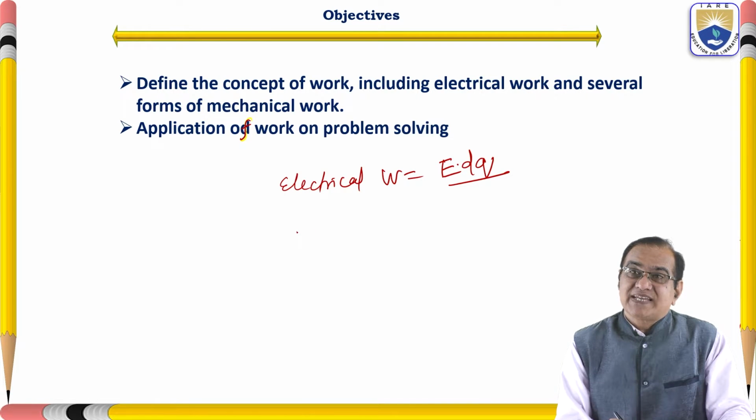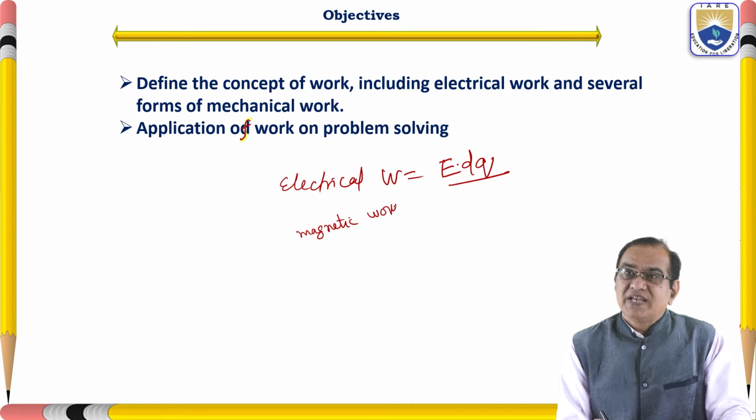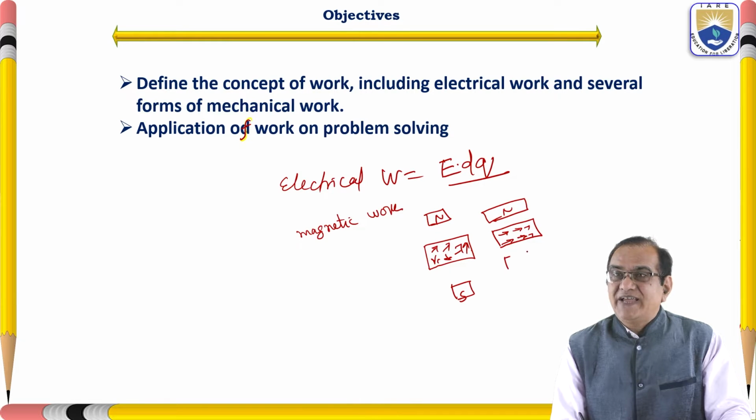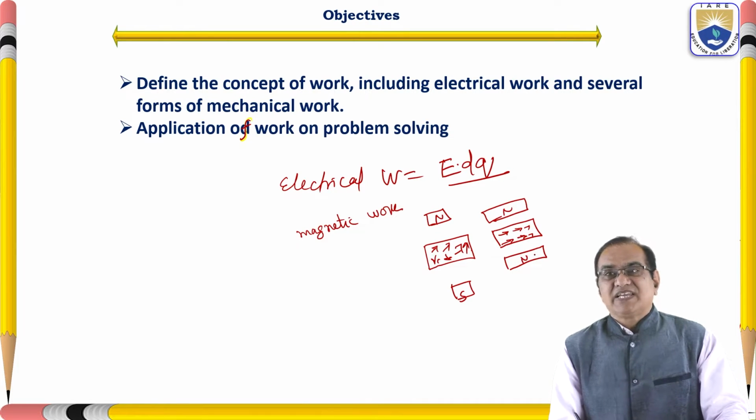If you see, magnetic work is also there. If you apply some magnetic force on ions, and the ions are moving here and there very randomly, and you apply a magnetic force, north and south, they will try to change their position. They are random, now they may be in a straight line. So this magnetic work is produced by using the magnetic field.